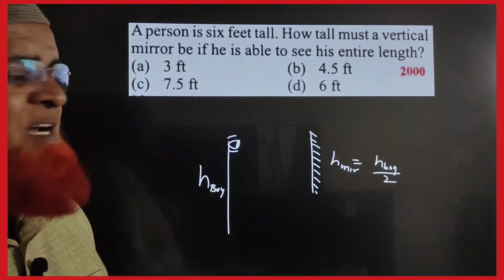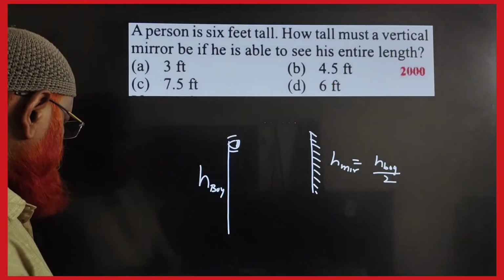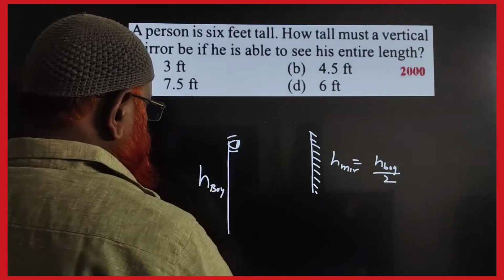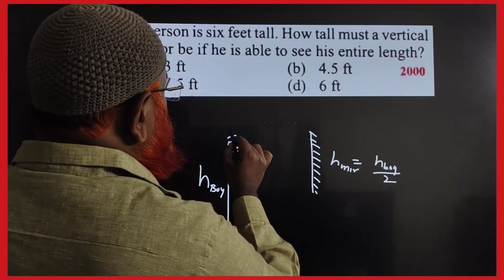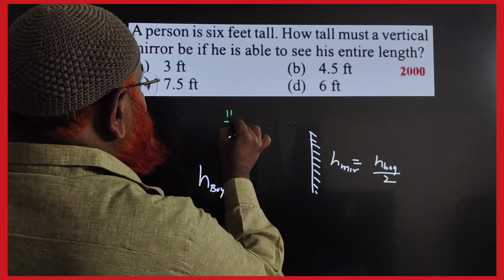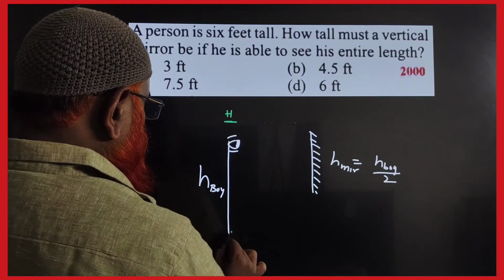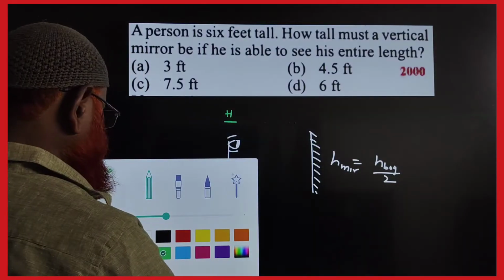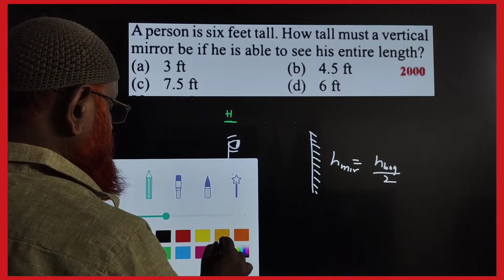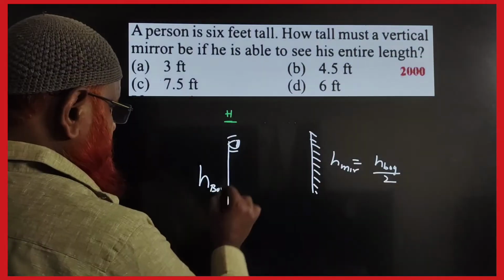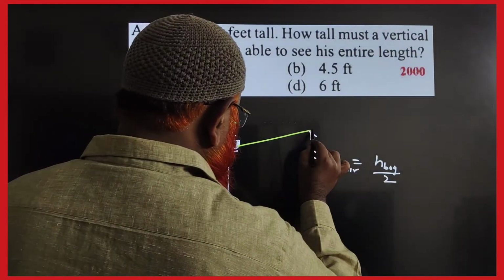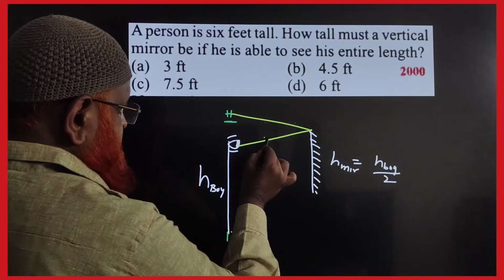So why is it like that? What is the reason for that? See, this is the eye. Let us imagine this is the head. So what is going to happen? He sees this edge. It gets reflected like this.